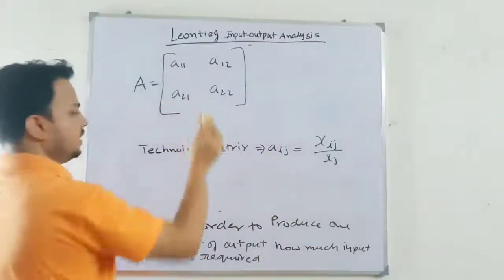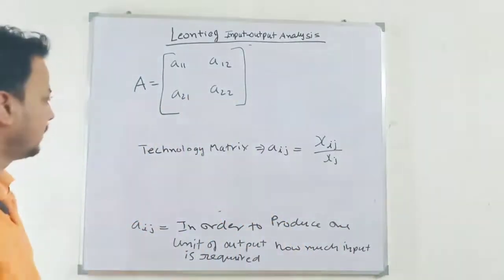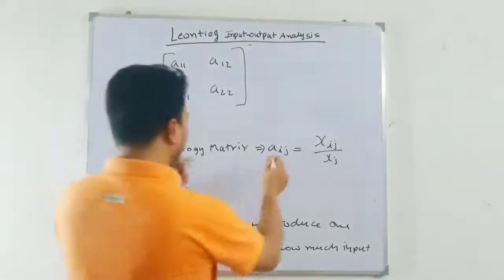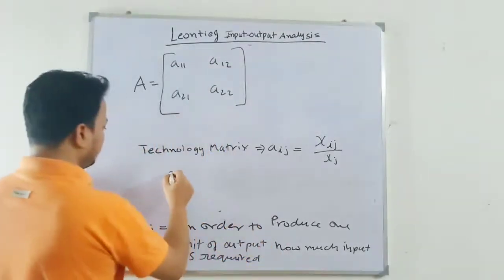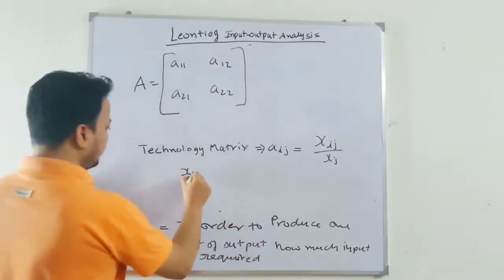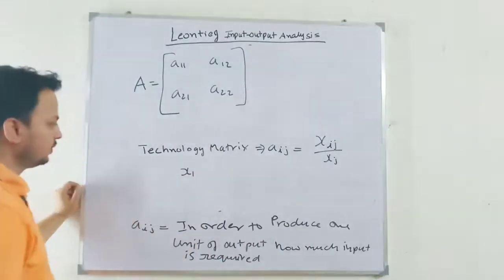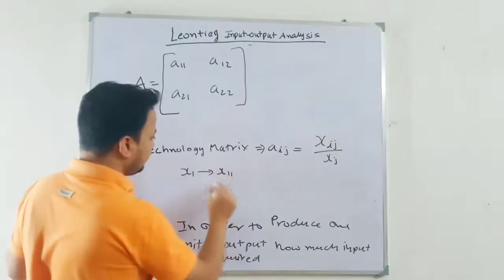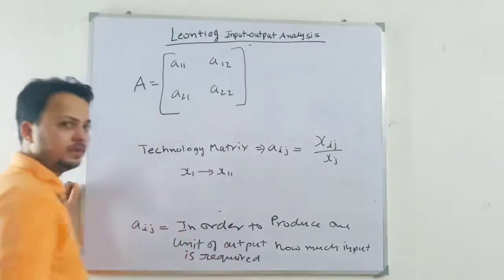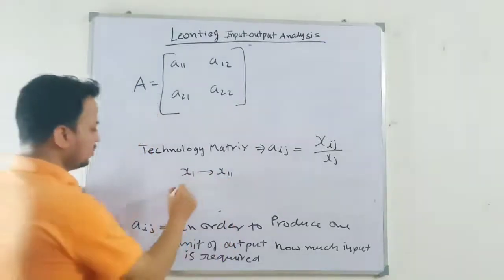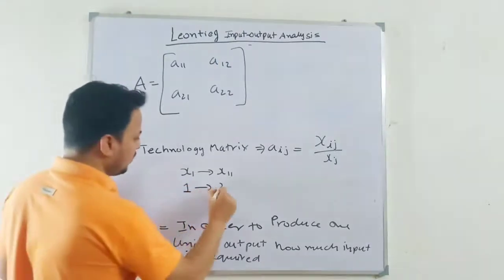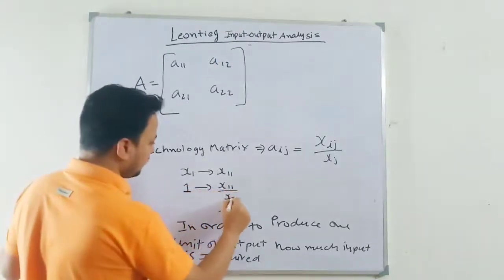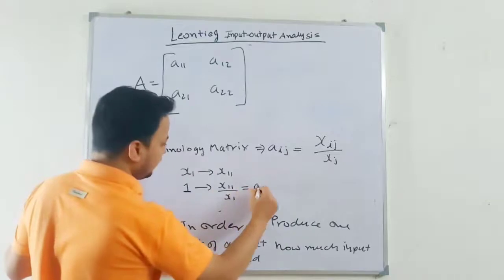So this is the coefficient that I have, and I know how I get this coefficient, like A11. In order to produce x1, you require this much amount of input from industry 1. So in order to produce 1 unit, how much do you require? x11 over x1, and this is denoted by A11 here.